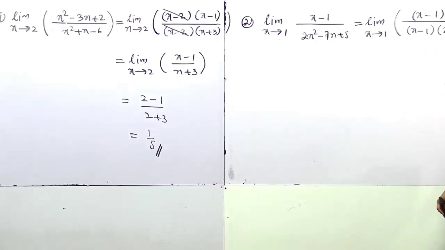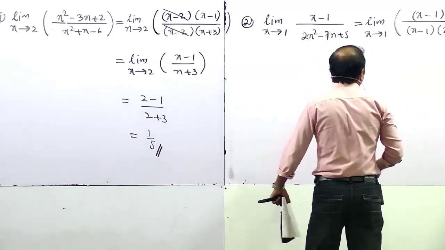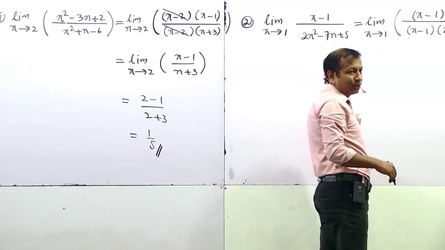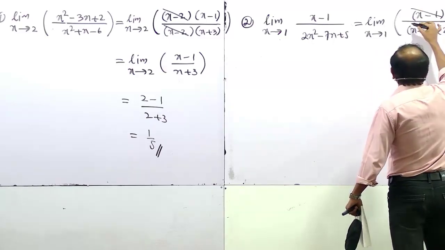One factor you know definitely, x minus 1 should be one factor, right? Then here plus 5 comes in, minus 2x, minus 5x, minus 7x comes in, right? Now you should be able to factorize like this. So no need to use the other technique. In that end, you can cancel down now.